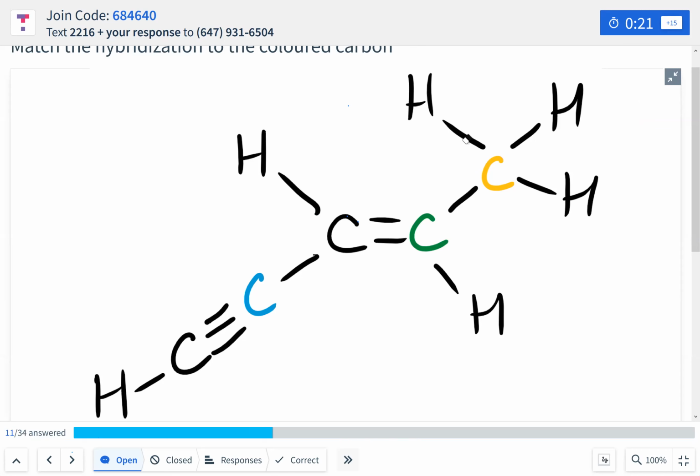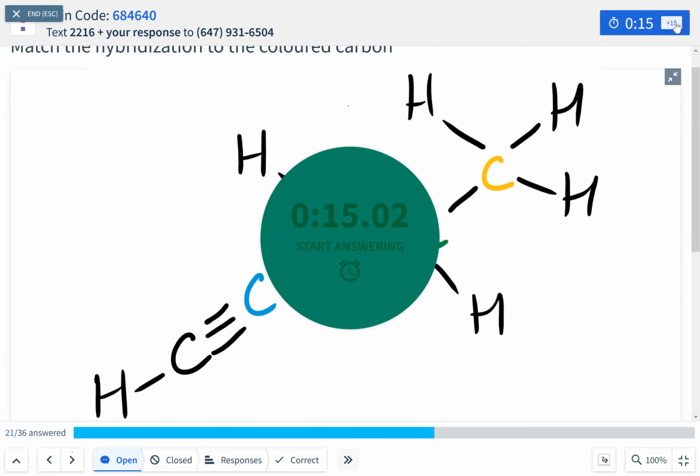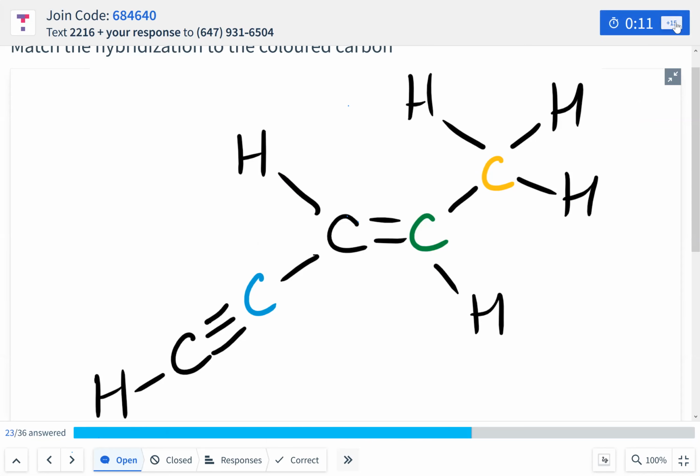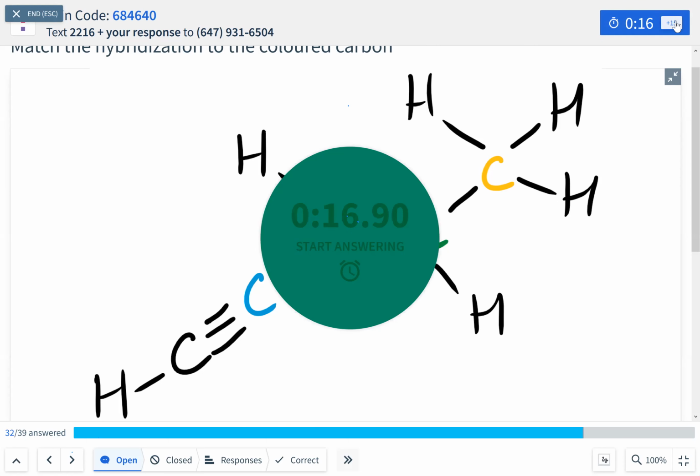And so it's going to match that in VSEPR theory, linear structures should be sp hybridized, tetrahedral structures. Okay, 15 more seconds.